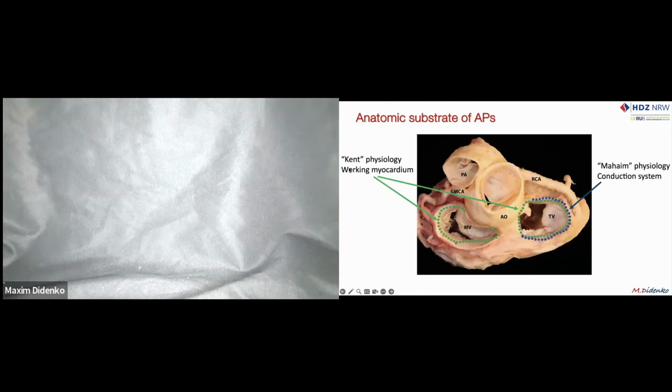We call it Kent physiology, because Kent actually described the Mahaim, so he described the atriofascicular pathway, but we call them Kent physiology.